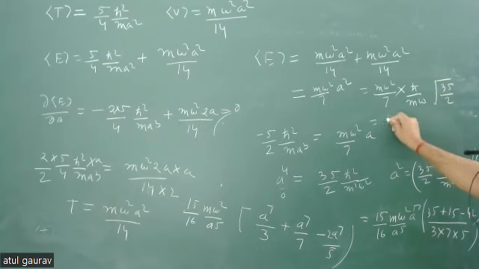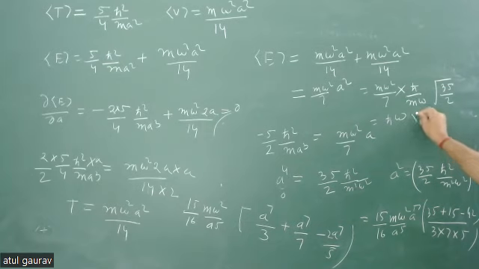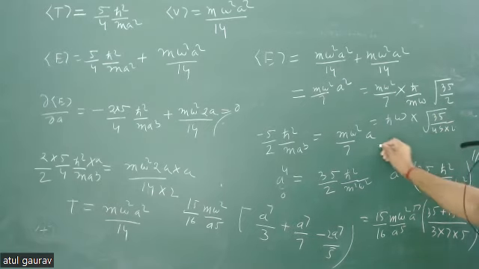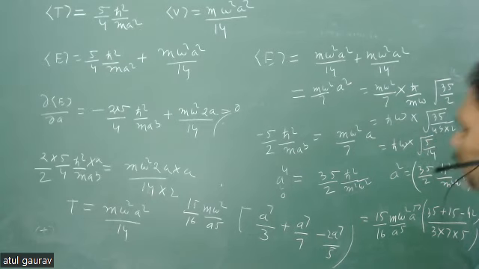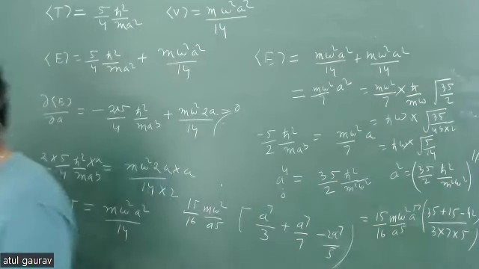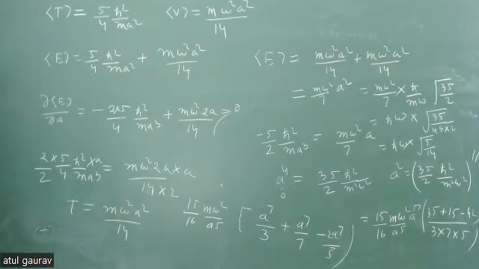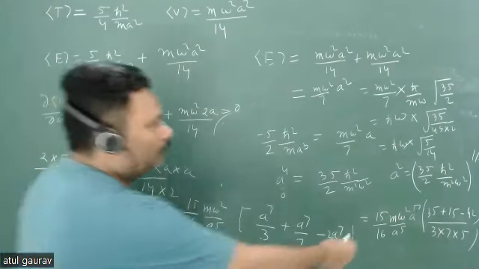So obviously the dimension must be that of h cut omega, and inside the bracket we have 35 by 49 into 2. So what will be the answer? Five upon 14, right? 5 upon 14 h cut omega. So this will be your answer.